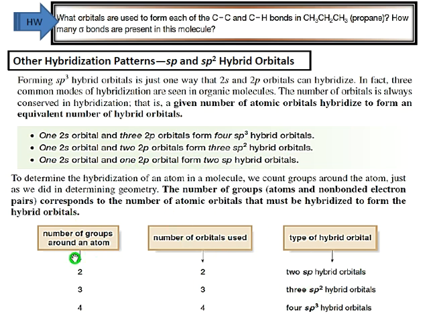Memorize this table. If you have carbon surrounded by two groups, that means the number of orbitals used for hybridization is 2 orbitals, to give you sp hybrid orbitals.